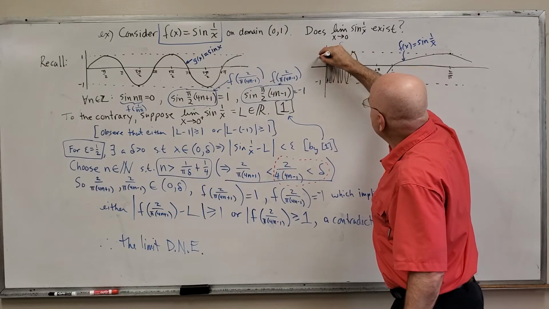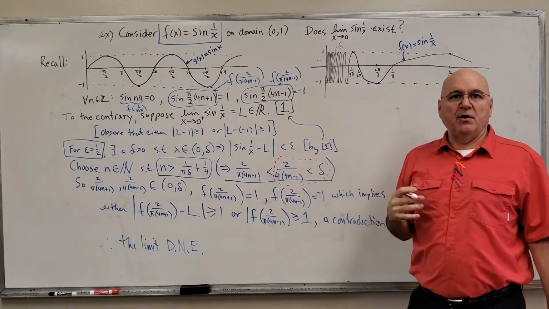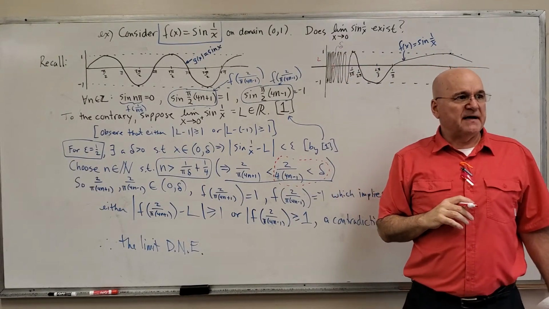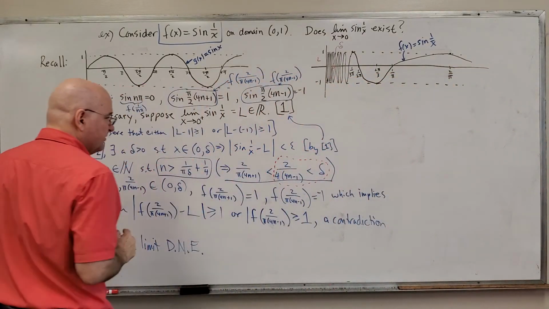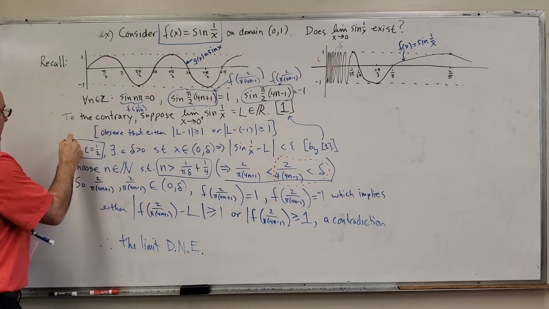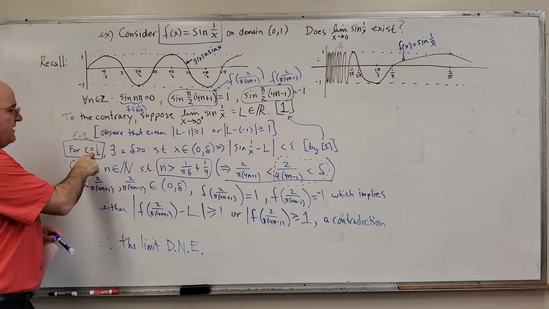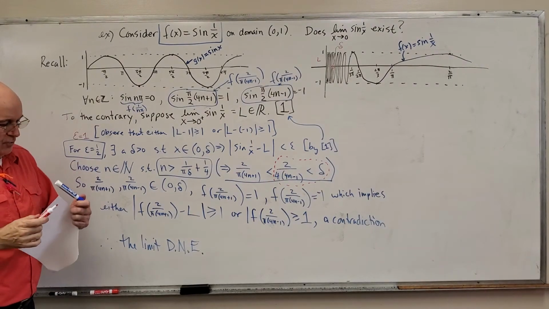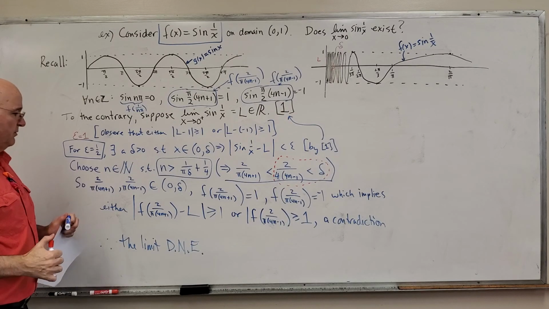Well, no matter where our capital L is, one of those is going to be at least 1 away from that capital L. So it turns out that if I had wanted to, I could have chosen epsilon equal to 1 instead of 1/2. Anything 1 or smaller, any positive number less than or equal to 1 would have worked.